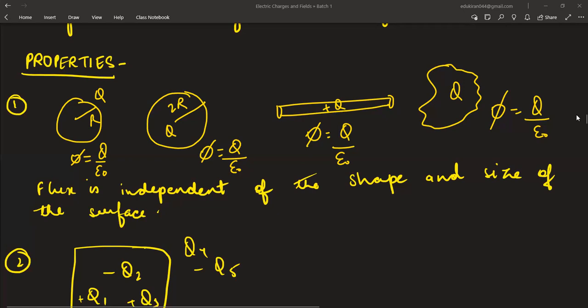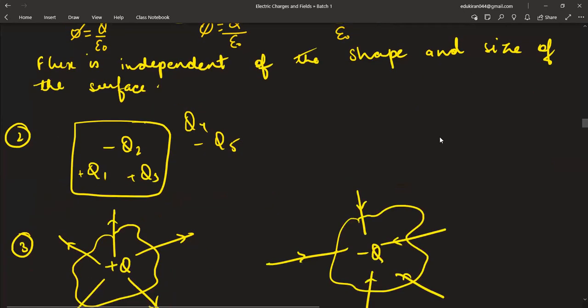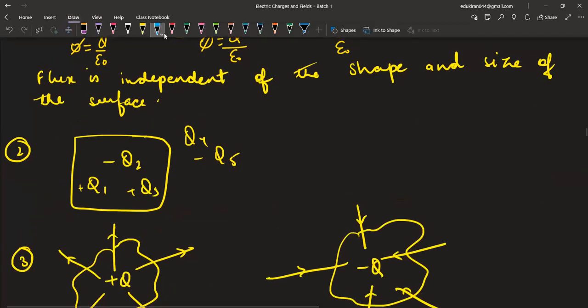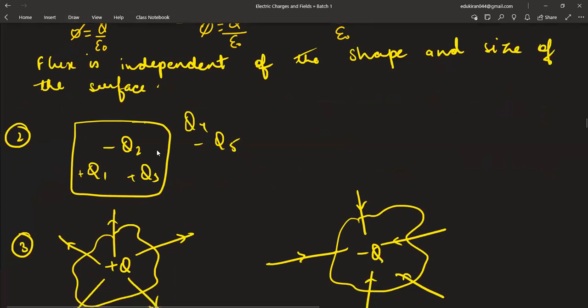Okay, so the next point says that, since flux is scalar, whenever you have to, first add all the charges. Like, look here. When we are calculating the total charge enclosed, we have here plus Q1, then minus Q2, plus Q3.